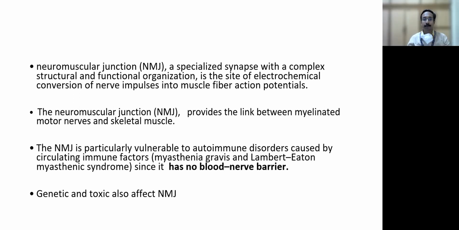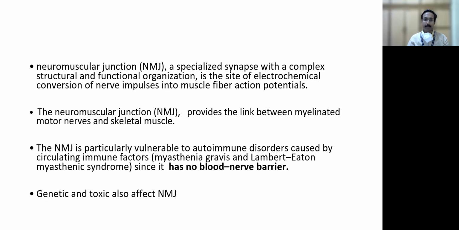Myasthenia gravis is a disorder which affects the neuromuscular junction. The neuromuscular junction has a lot of peculiarities. It is a synapse where an electrical impulse coming from the nerve reaches the presynaptic junction, gets converted into a chemical signal in the form of acetylcholine, and then again becomes an electrical signal in the muscle.